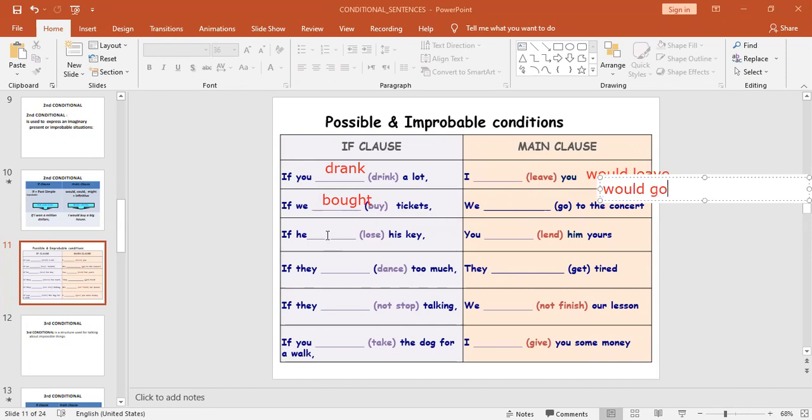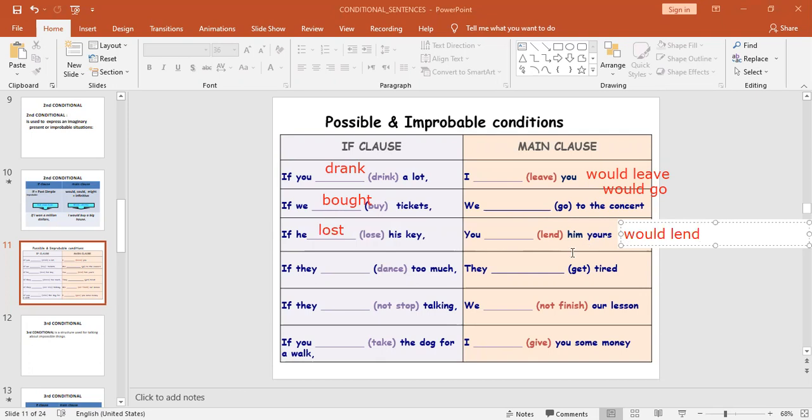Number three, if he lose his key, it will be in the past form. So it will be, if he lost his key, you would lend, verb infinitive.